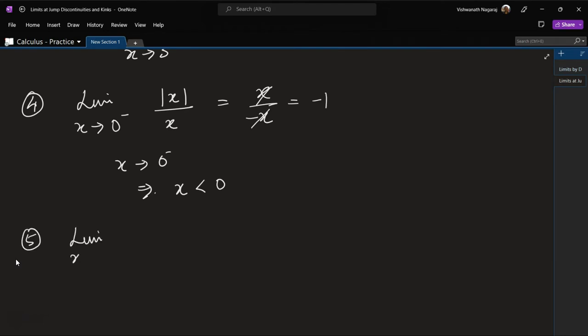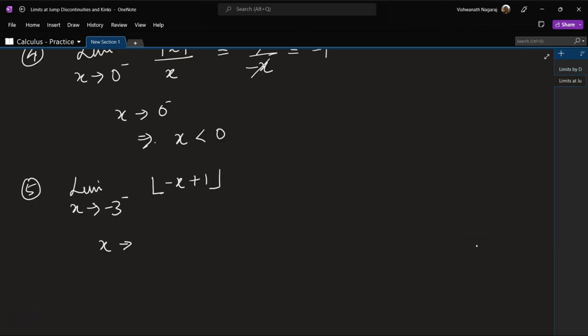Okay. Fifth one, limit as x approaches minus 3 from the negative side of the floor of minus x plus 1. X approaches minus 3 from the negative side implies that x is less than minus 3. So let's take x as minus 3.01.